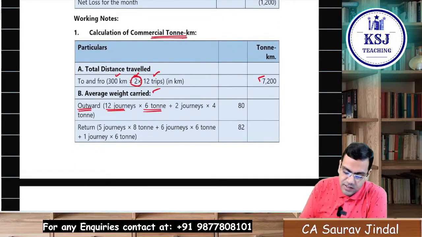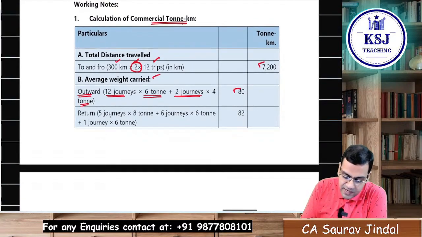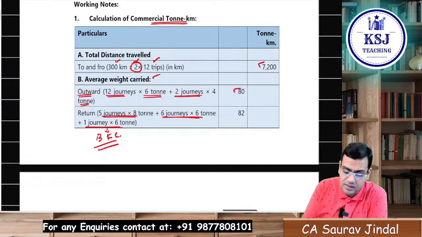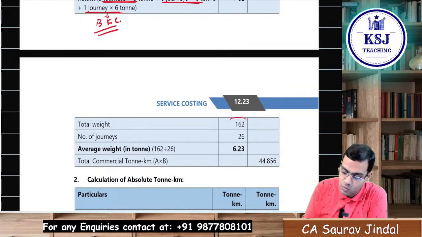Then for 12 journeys, it is traveling with 6 tons, and for 2 journeys, it is traveling with 4 tons. Total 80 tons weight. Return: 5 journeys with 8 tons, 6 journeys with 6 tons, and 1 journey with 6 tons. This is from B to C. Sir, what about C to A? That is with 0 tons, sir. So total is 82.